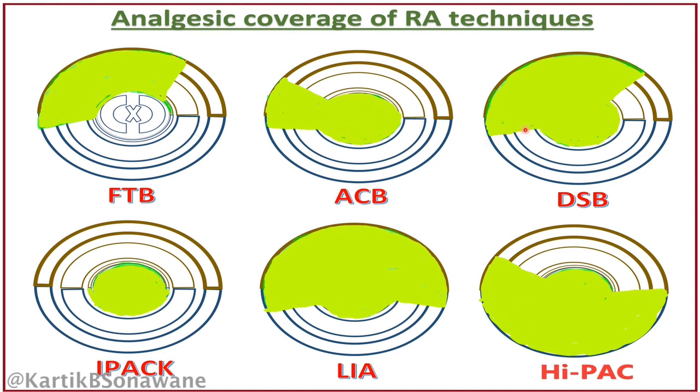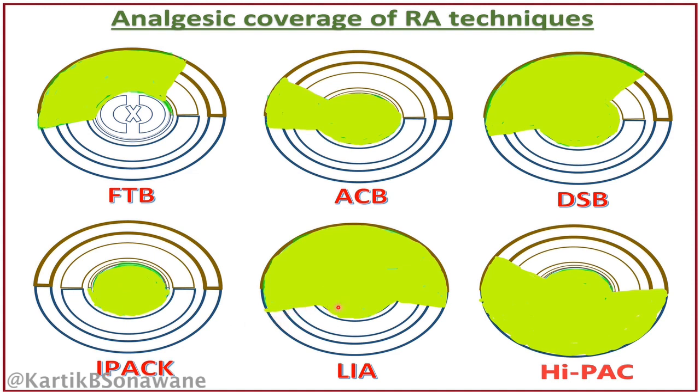Dual subsartorial block covers the anterior medial knee by its first injection, and the second injection covers the intra-articular component of the knee pain. So it is having procedure specific coverage for the medial approaches of the total knee replacement surgery. IPACK block mainly targets the popliteal plexus, so it will cover only the intra-articular pain.